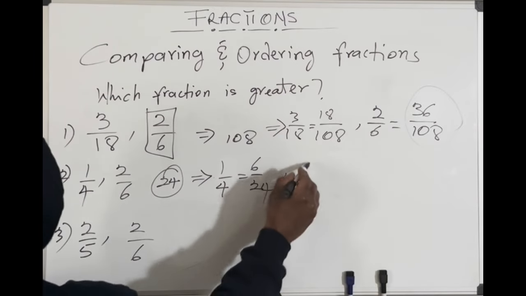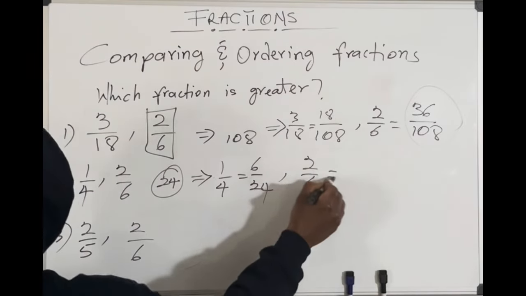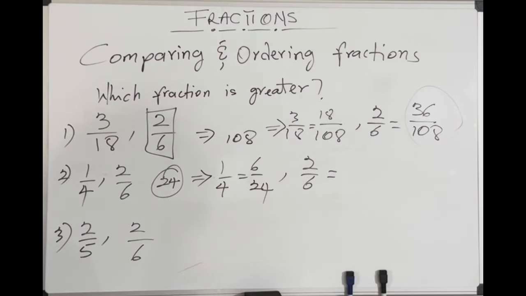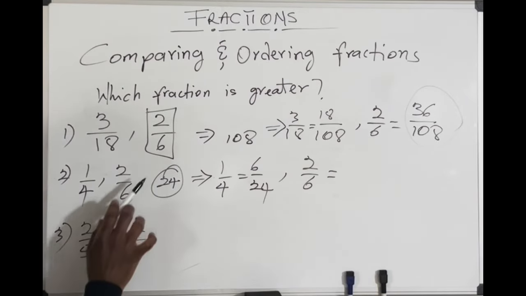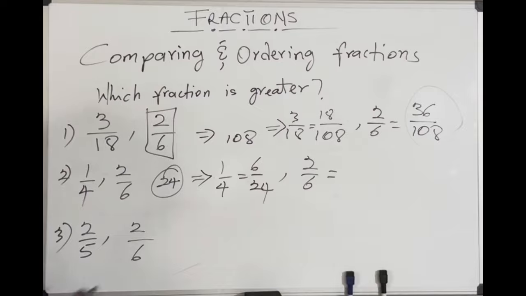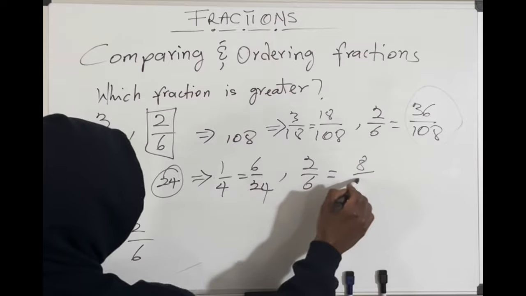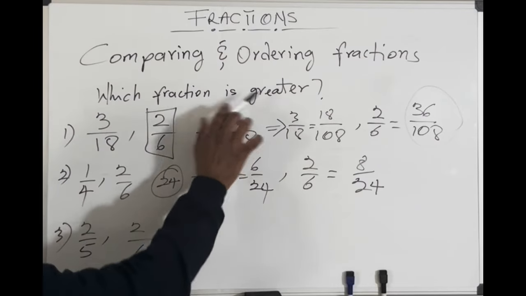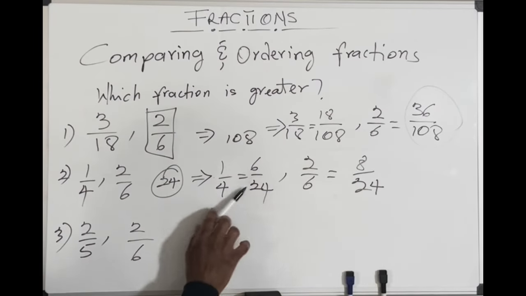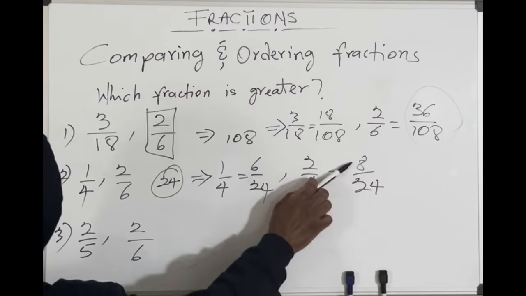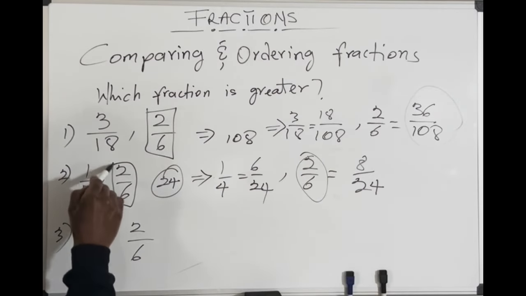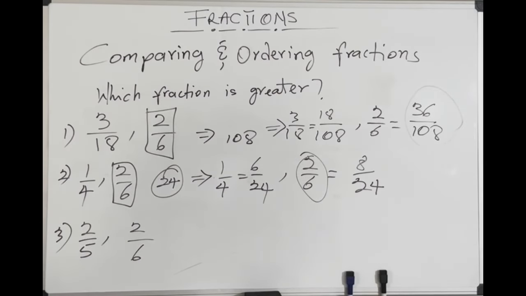And then we move on, 2 over 6. So 6 times what number will give us 24? 4. And then that 4 will multiply the 2. So 4 times 2 is 8. So 8 over 24. And then the question is asking for the greatest among these two. Now 8 over 24 is the greatest. So 2 over 6 will be our answer.